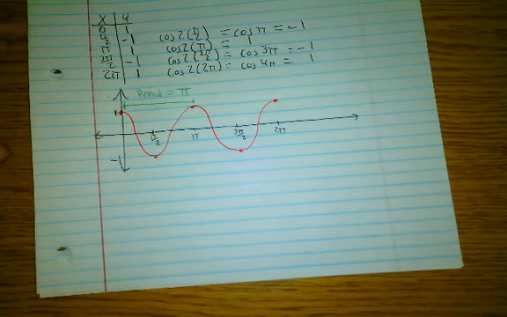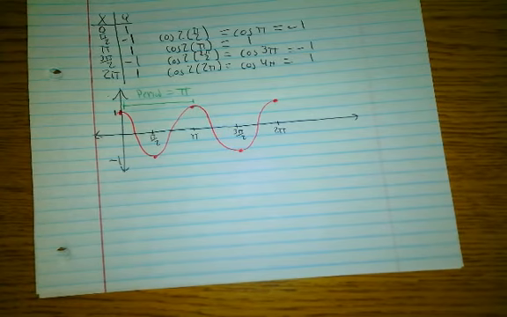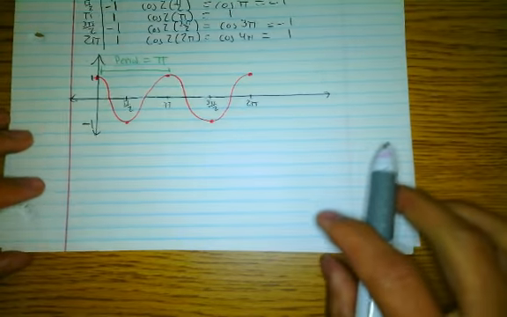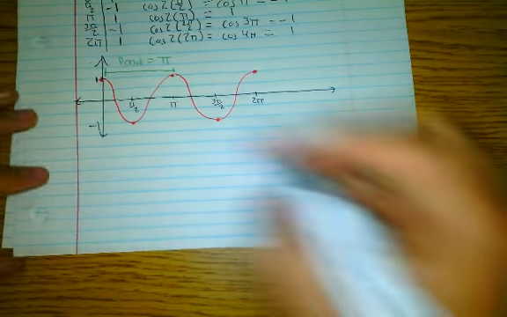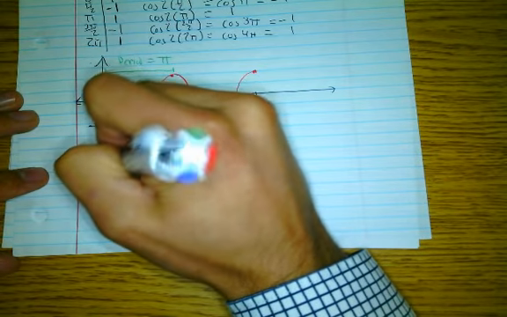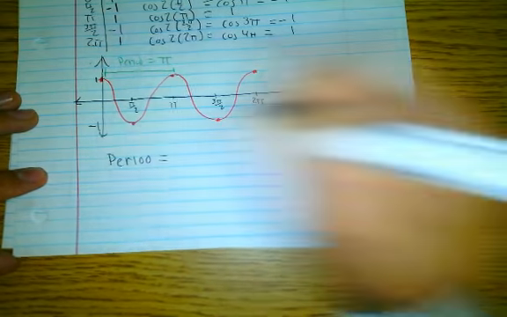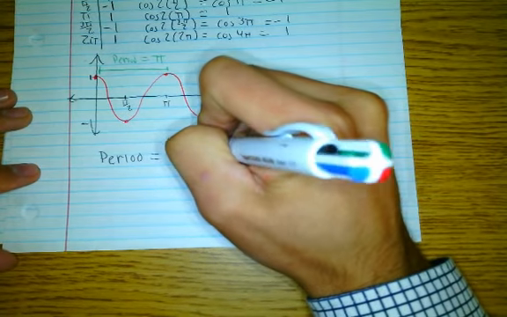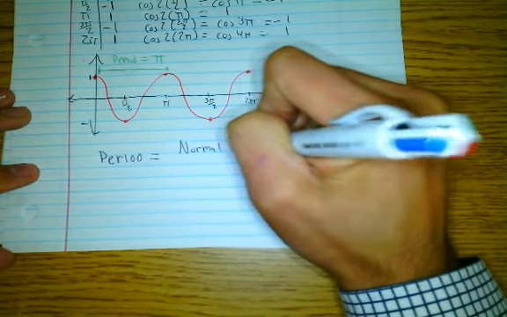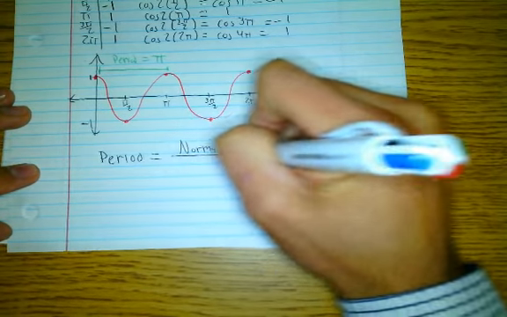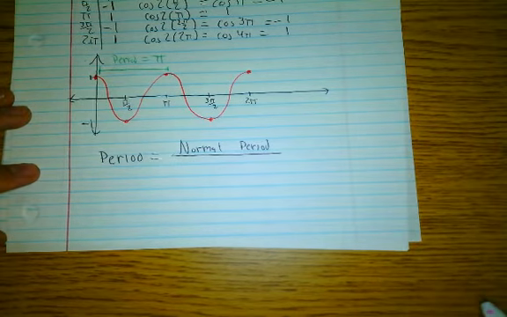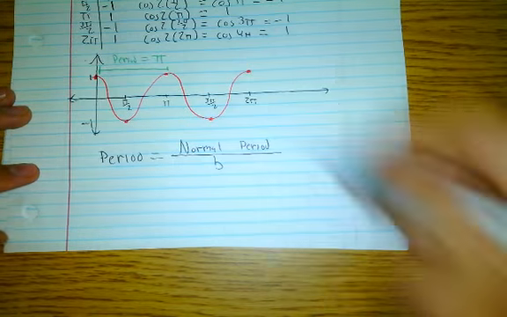The period equals the normal period, so what I mean by that is the period of the parent function, divided by b. Where in the world am I getting that b from? Remember this? That's where it's coming from.